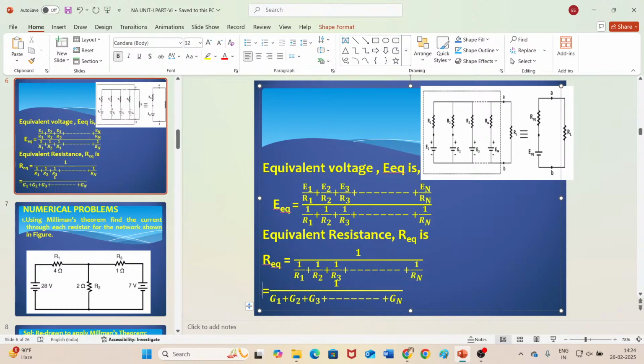You can even write R equivalent is equal to, instead of writing, I will just copy this R equivalent to the bottom.